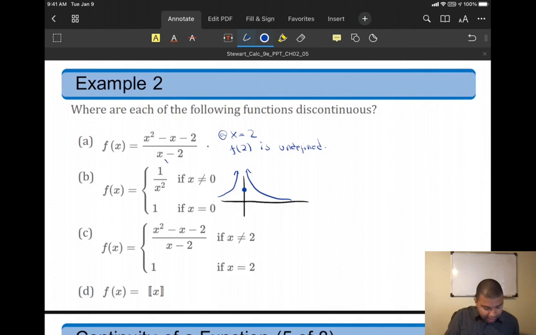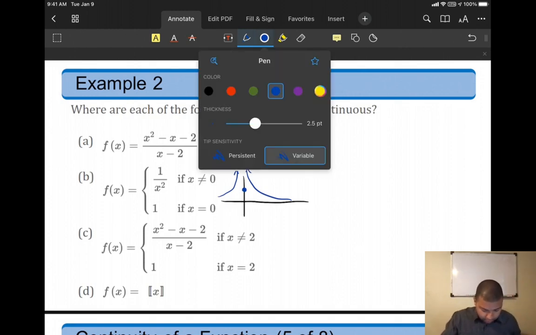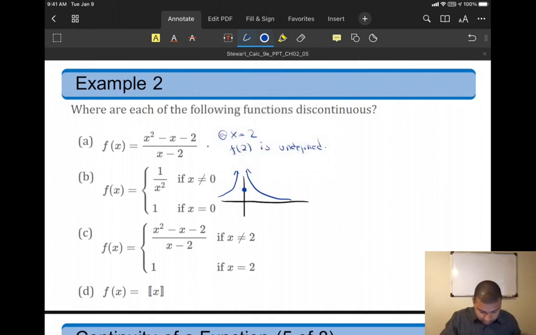Do you see that this guy has an asymptote at 0? As x approaches 0, this gets larger and larger. And that's because the limit as x approaches 0 of f of x is plus infinity, which is not the same as f of 0, which is 1. Okay, so they differ.